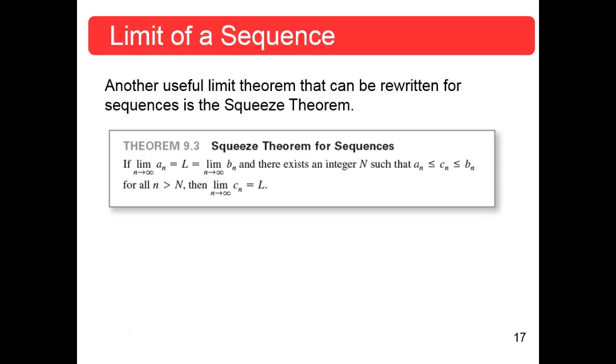Okay? So in other words, if a sub n is coming down and has a limit of L, and b sub n, however it's doing, has a limit of L, and there's some other c sub n that's between a sub n and b sub n everywhere, then at some point it's got to have a limit of L too, because c sub n is greater than a sub n, but less than b sub n.